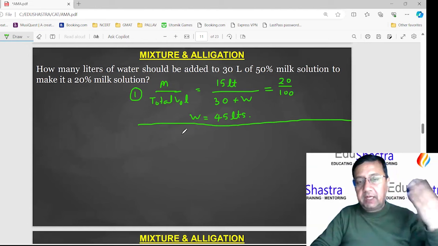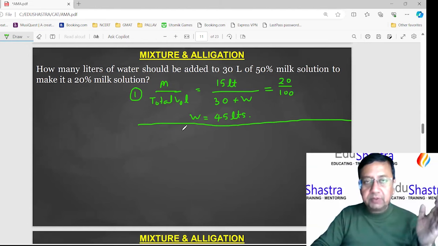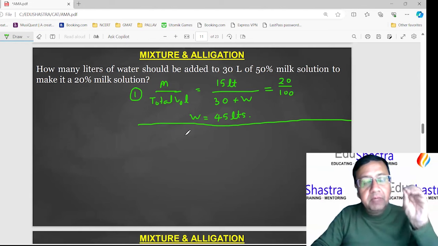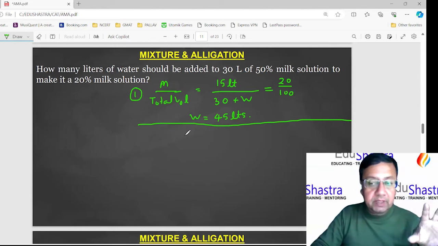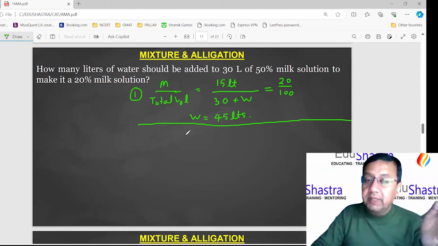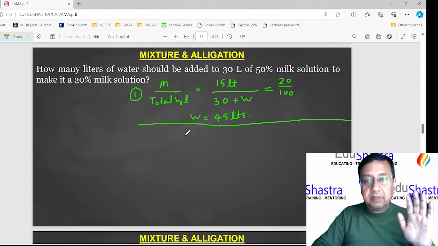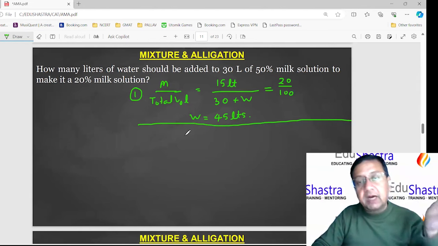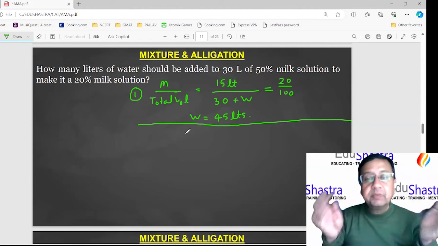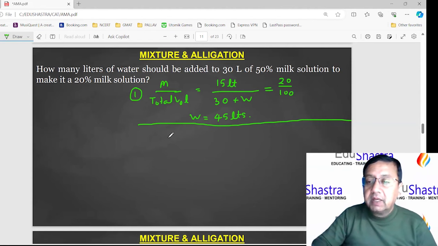Second, when we are adding water, there will be some larger volume. And the milk quantity-wise, not percentage-wise, remains the same, that is 15 liters before the addition of water and after the addition of water. But the percentage changes because the total volume is changed, right?